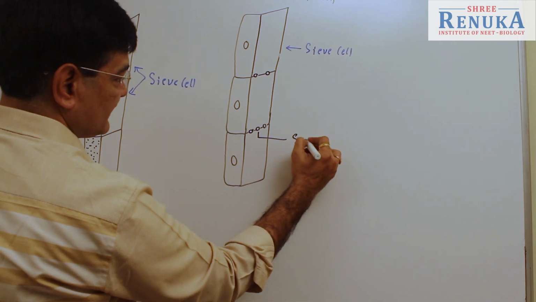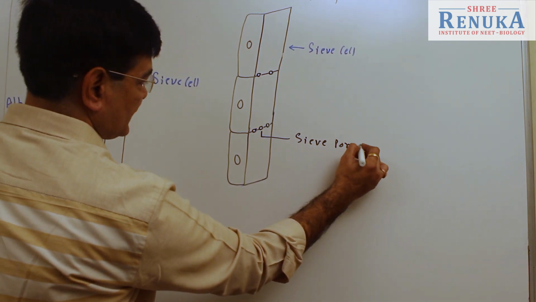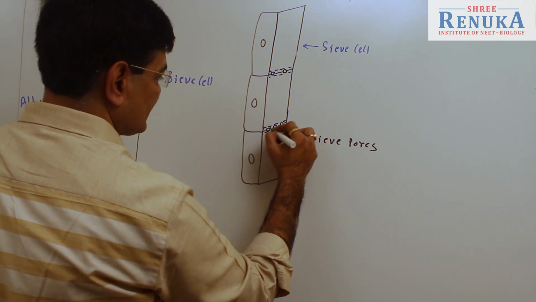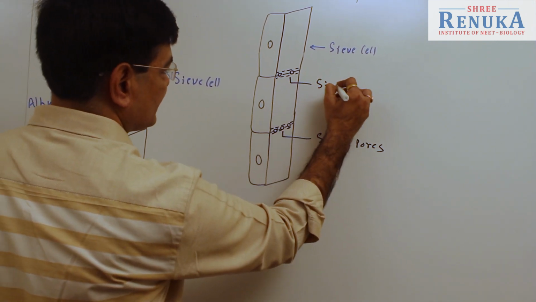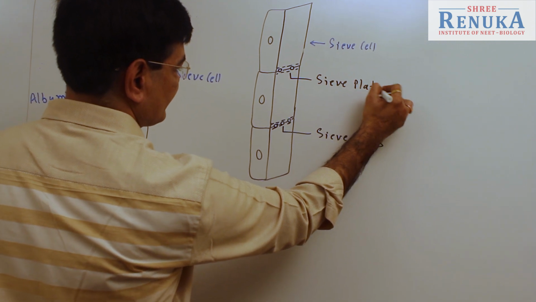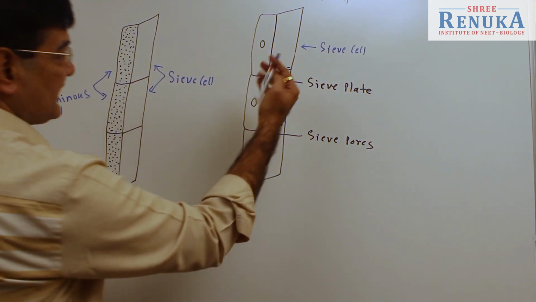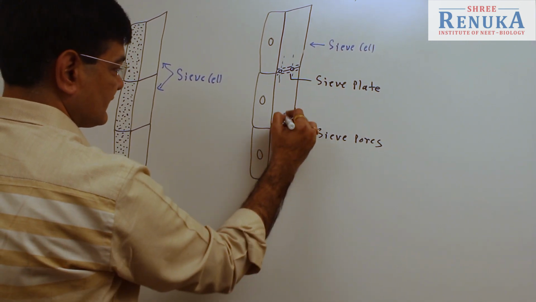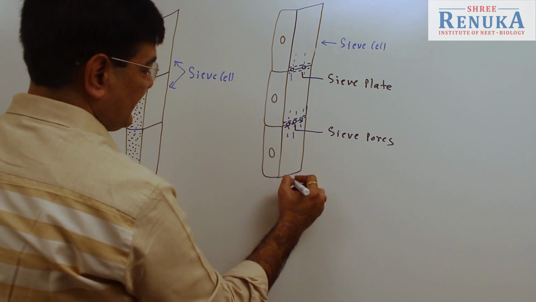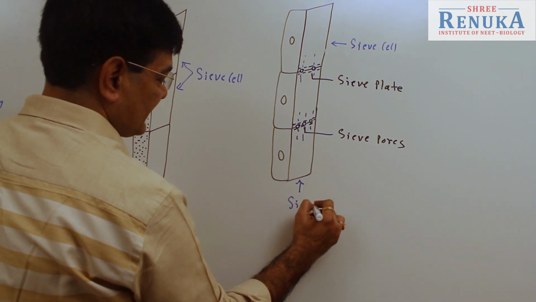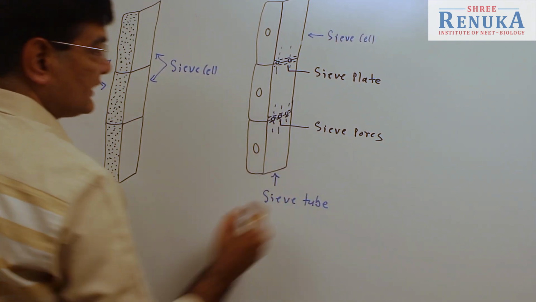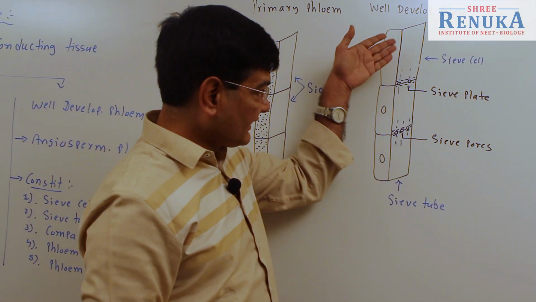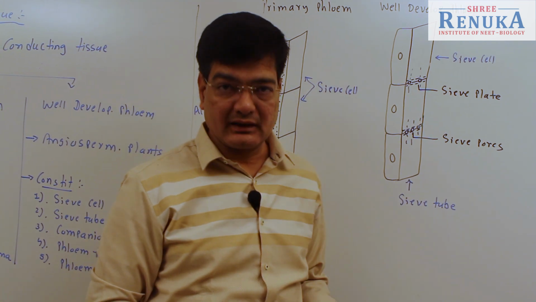Such pores are called sieve pores, and the wall possessing these sieve pores is called sieve plates. Plasmodesmata pass through this sieve pore, and at that time this is called a sieve tube. So, sieve tube is formed from a large number of sieve cells which are arranged one above another longitudinally.